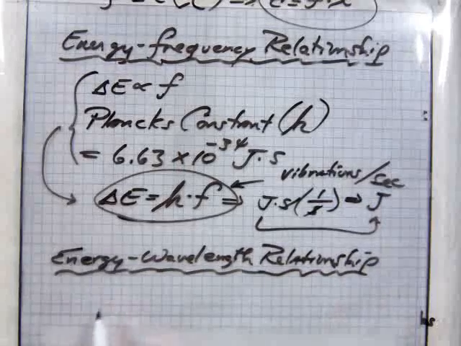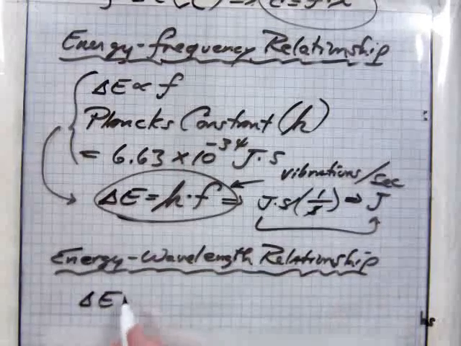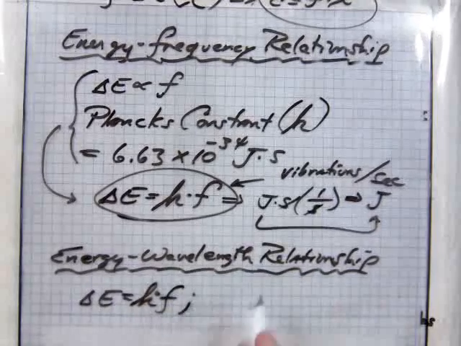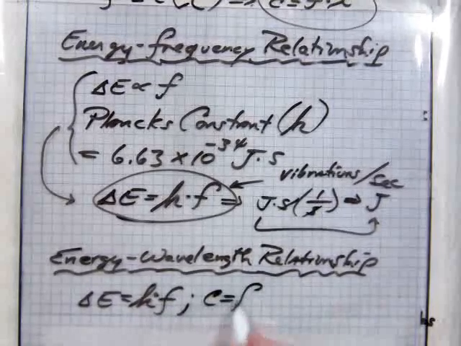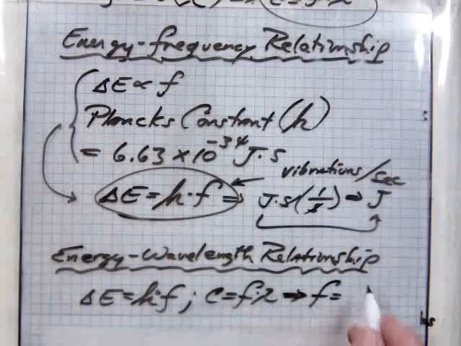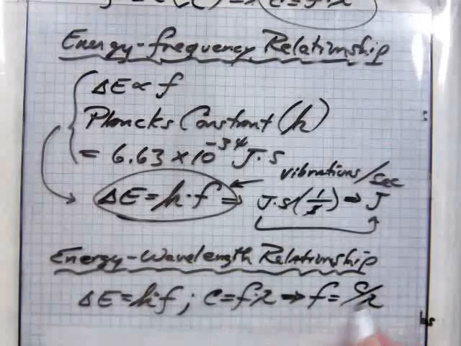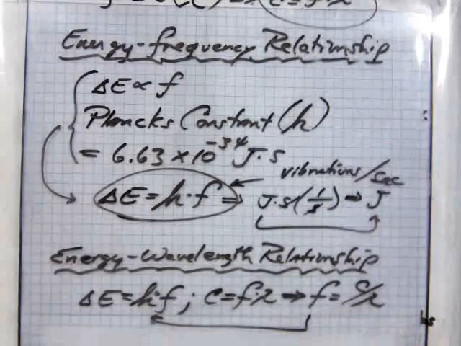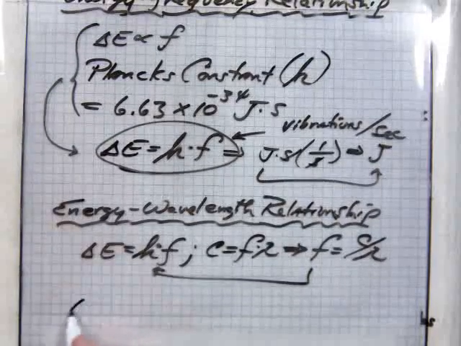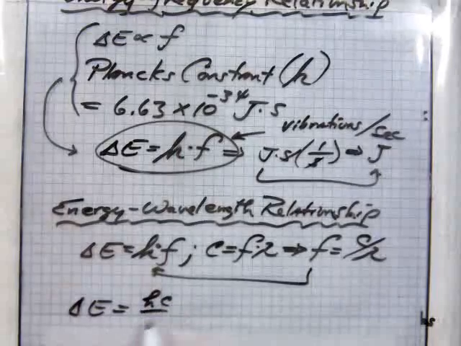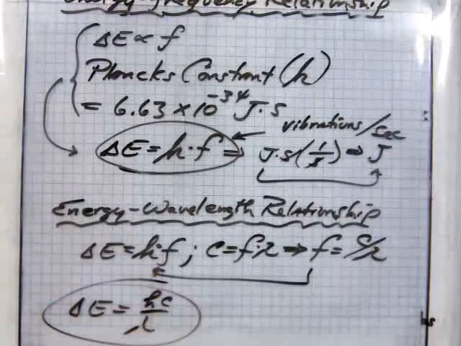So we have delta E equals hf, and c equals f lambda, which we solve for frequency, which is c over lambda. Then we substitute that into this equation, and we find the third equation: hc over lambda.